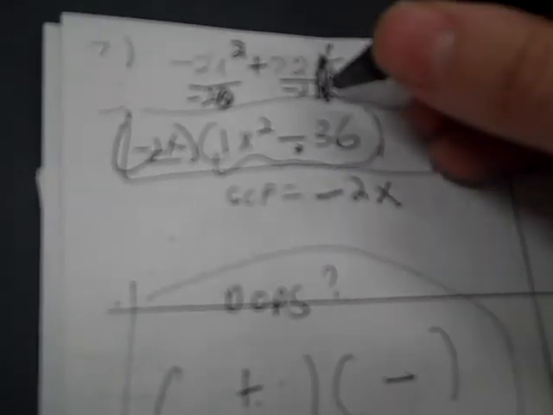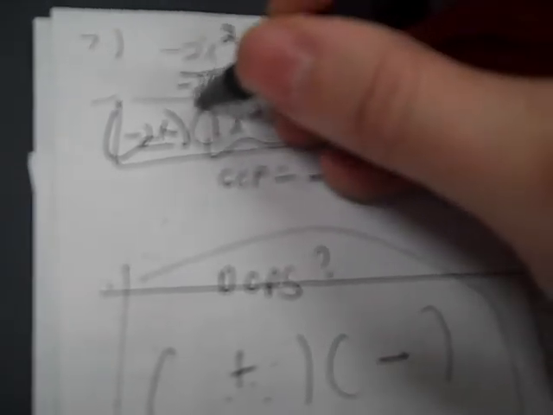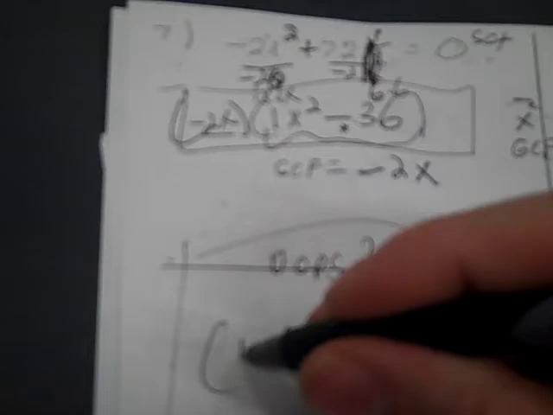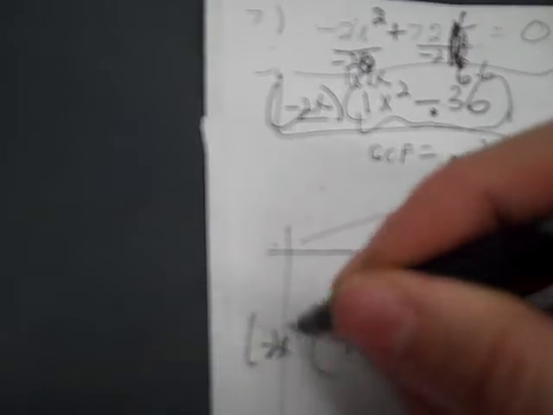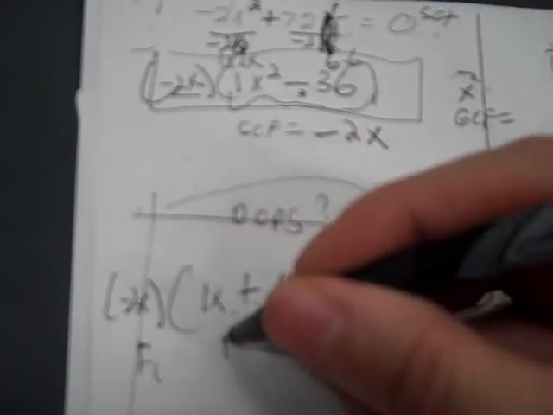Okay, now 36 is 6 times 6, and x to the second is x times x, and 1 is 1 times 1, so that's 1x plus 6 times 1x minus 6. Now your negative 2x comes down here, and I can get my three answers, F1, F2, F3.